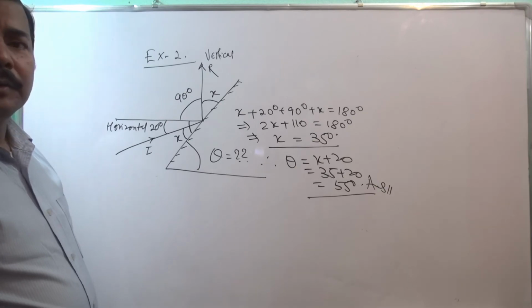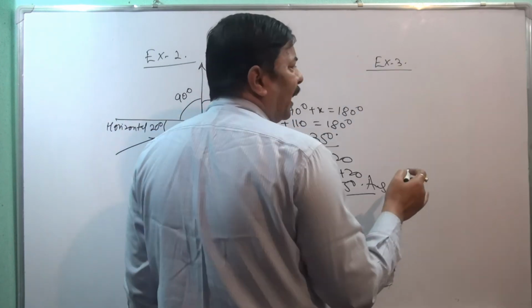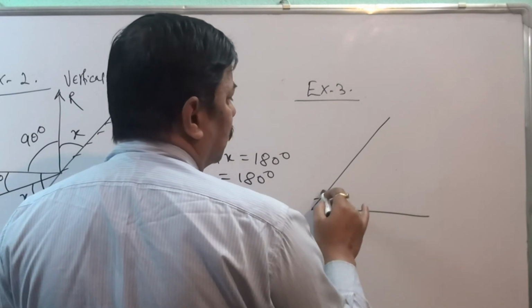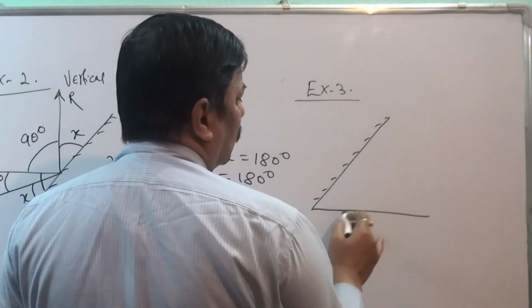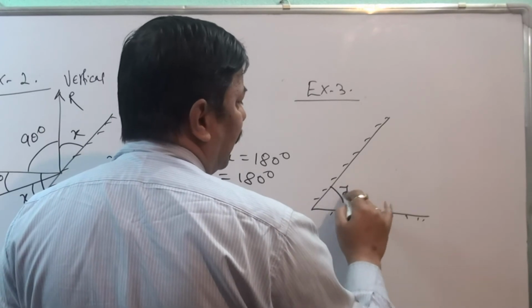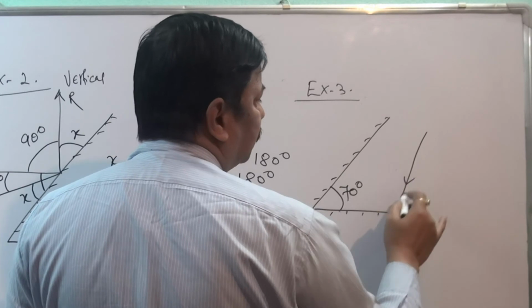Let us do one more question that is based on geometry. Here, two plane mirrors are inclined at 70 degree. A ray of light is incident.